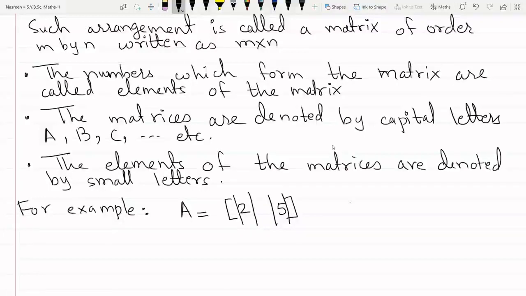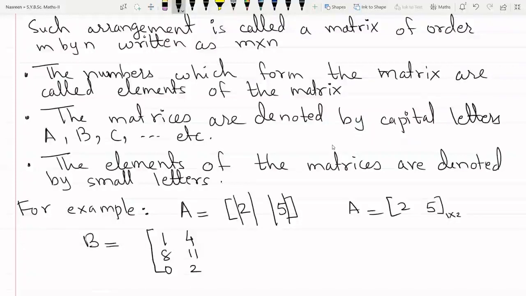So our matrix is a 1 by 2 matrix. What is the order of this matrix? 1 cross 2, 1 row and 2 columns. One more example, let us see. Let us write a matrix which has 3 rows and 2 columns: 1 4, 8 11, 0 2.